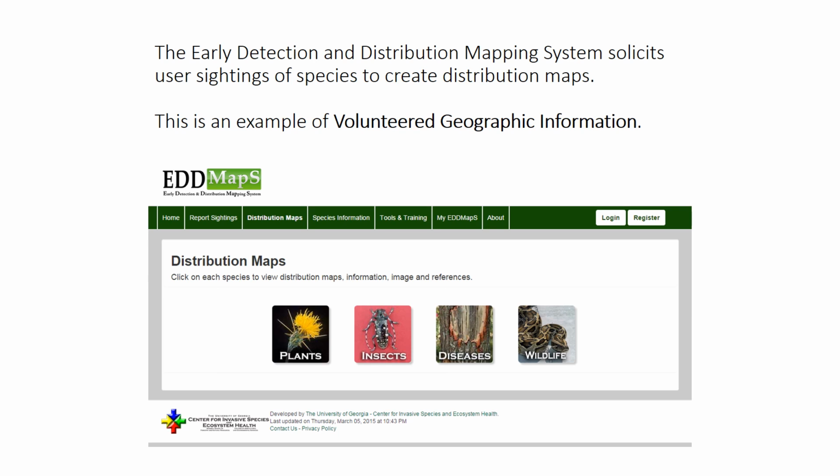There are other ways to approach things like species distribution, and this is an interesting example of one. This is the Early Detection and Distribution Mapping System, and it's an example of volunteered geographic information. VGI is a relatively new phenomenon. It comes out of the same spirit as what gave us Wikipedia. The idea is that you've got a public that might be interested as a hobby.